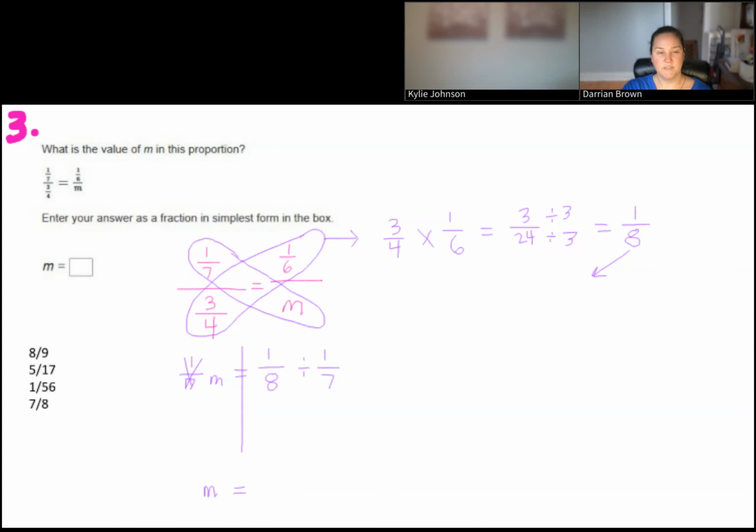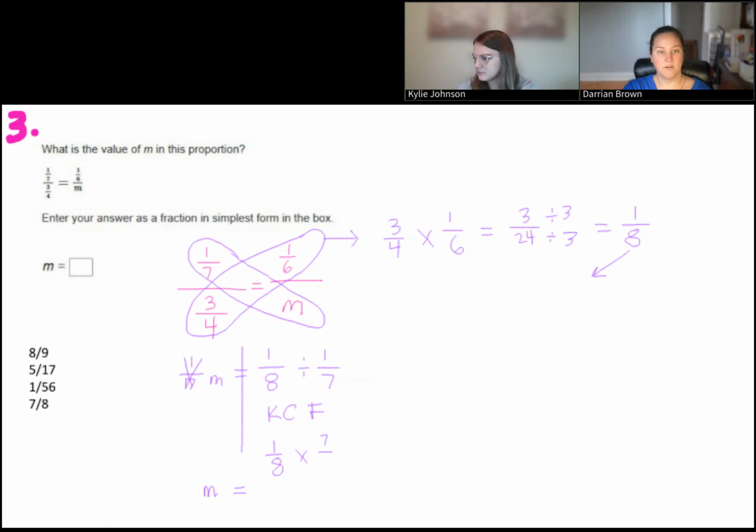Now, do we like to divide fractions? No. So what is that rule we can use to change it to a multiplication problem? Exactly. We use keep, change, flip. So we're going to keep 1/8, change to multiplication, and flip 1/7.